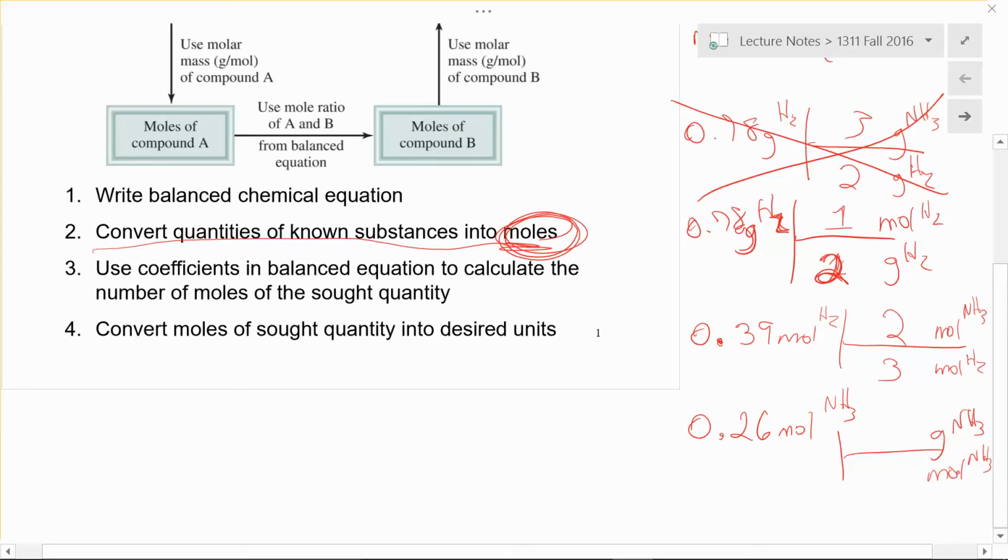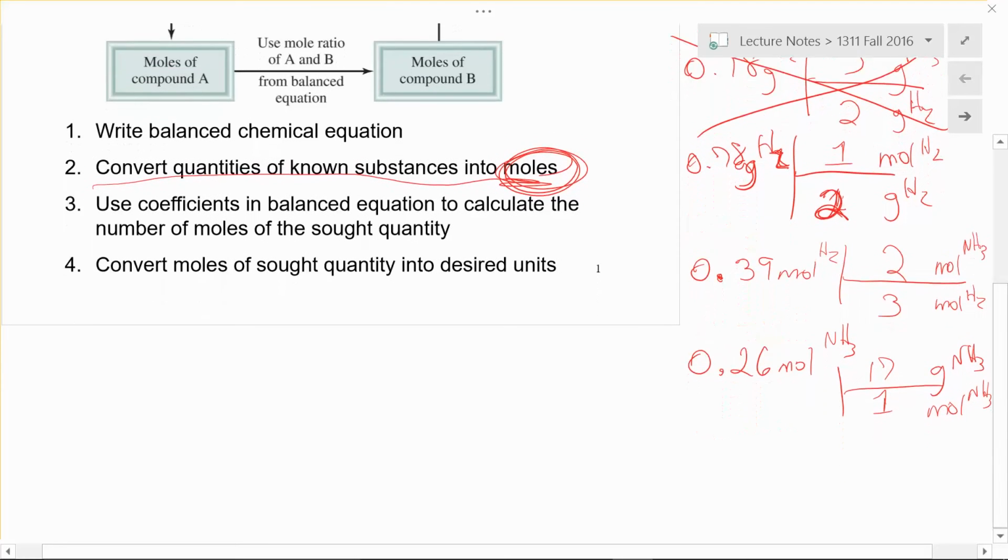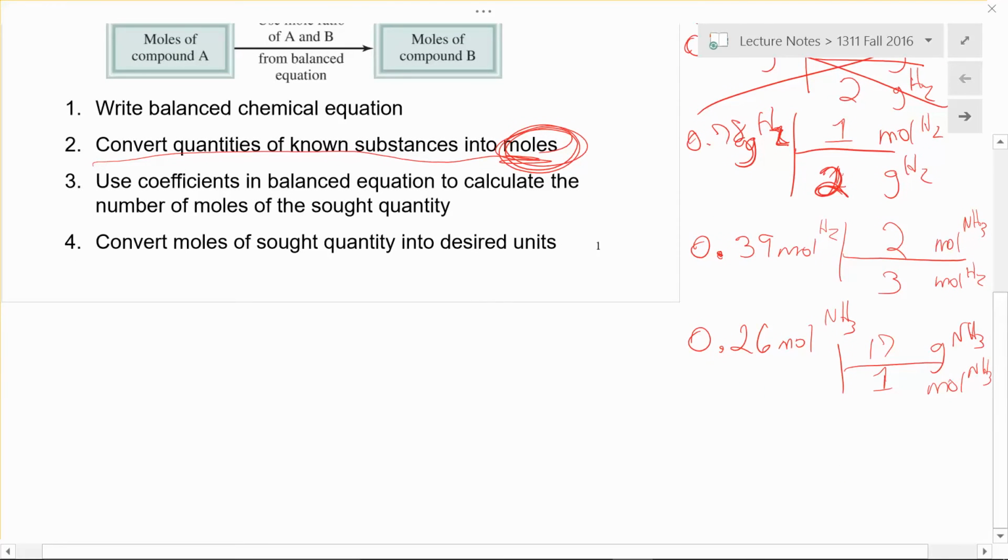So nitrogen is 14 plus 3 hydrogens, 17 grams per 1 mole. So 0.26 times 17. How many grams of NH3 are produced? 4.42.